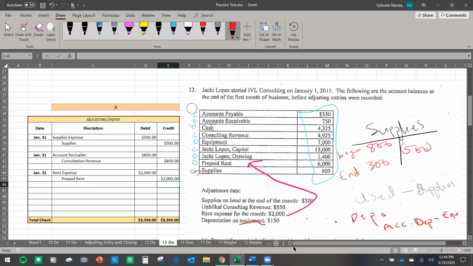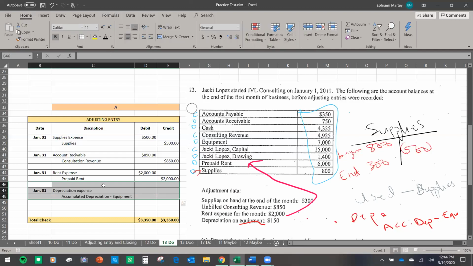So we're going to have depreciation expense increasing and accumulated depreciation also increasing, and there will be a debit and a credit increasing at the same time. So how much is that? That is $150. And this one also increased by $150. So left and right. Great.